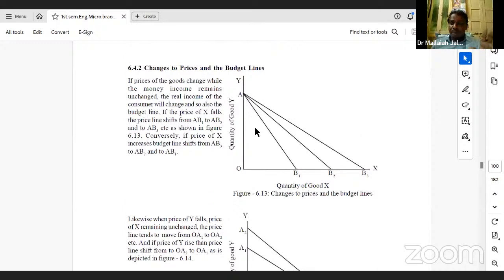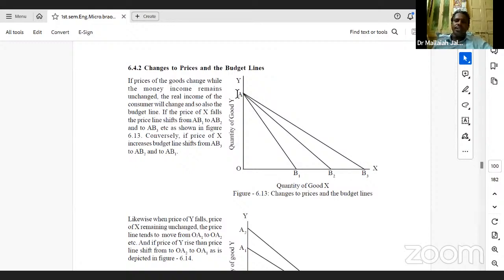Here, if the price of the Y commodity is constant, that means there is no change in the Y commodity. If the price of the X commodity decreases, then that is the reason why, in this diagram, OA amount of Y commodity is purchased with his limited income. If the price of X commodity decreases, we can purchase more X commodities due to the decreased price.